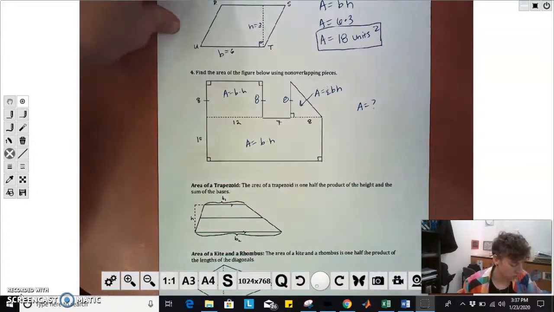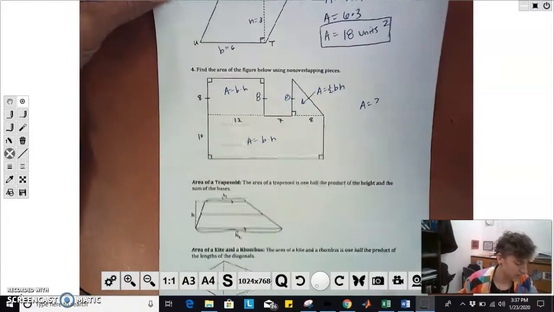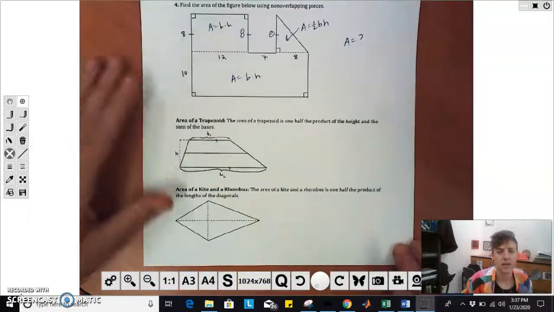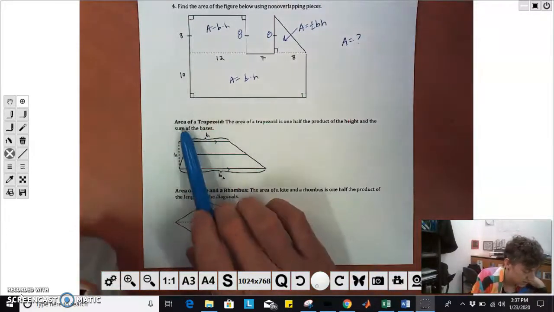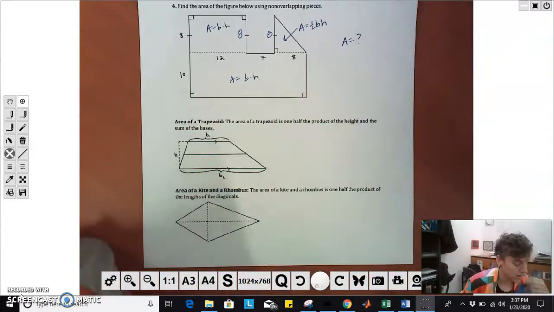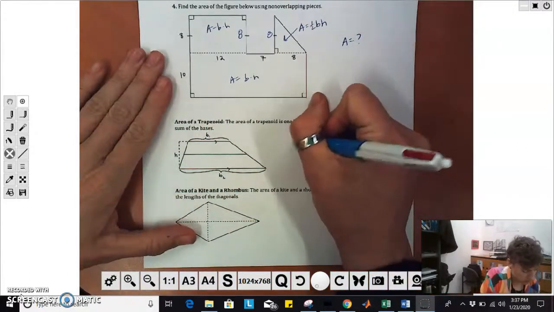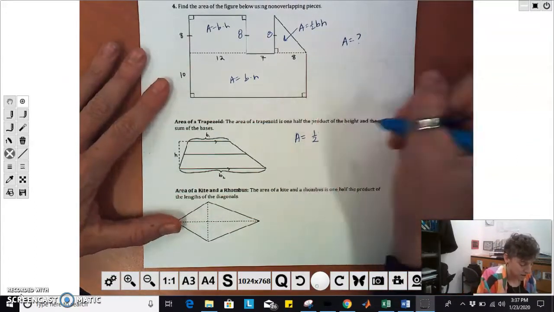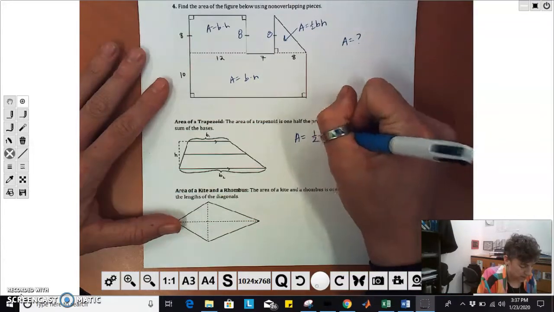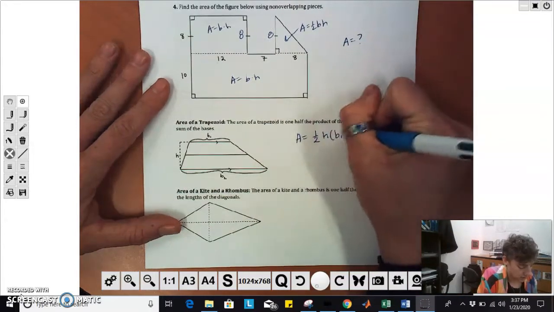Okay, cool. We got a couple more things that we can find the areas of, like trapezoids and kites and rhombi. This says the area of a trapezoid is 1/2 the product of the height and the sum of the bases.